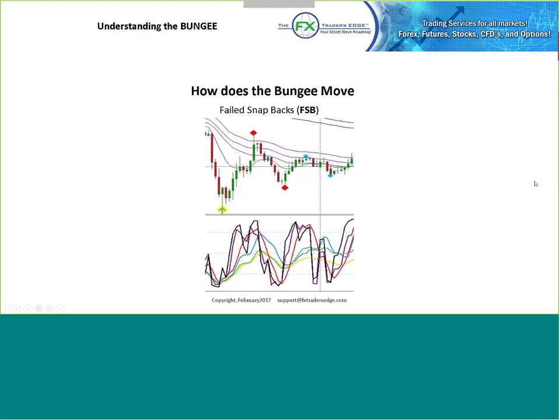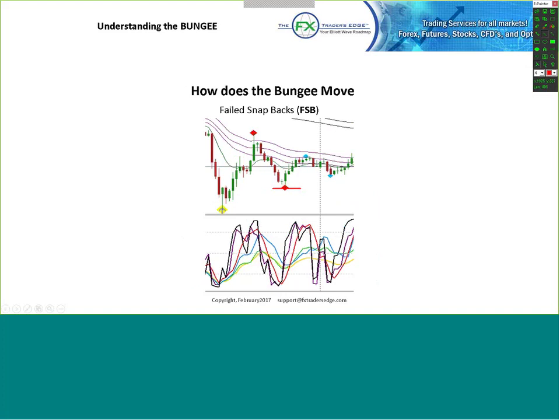Here's a failed snapback. Yeah. When we talk about failed snapbacks, we're talking about the failure of price to make a new low. Yeah. In our previous example, price came right down and made a new low. Yeah. In this example, price has not made a new low. It's a failed snapback. Yeah.